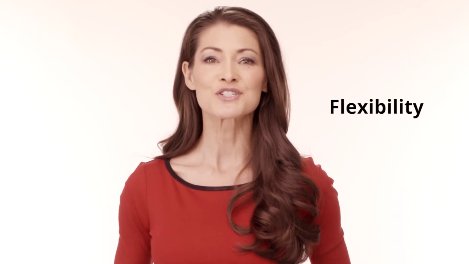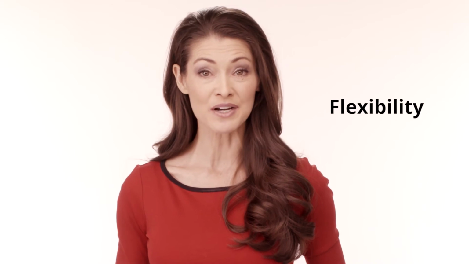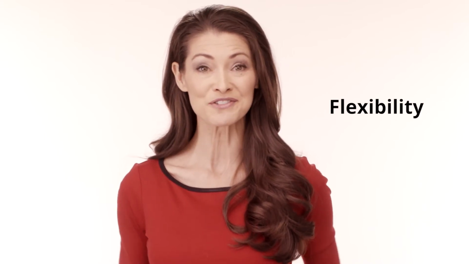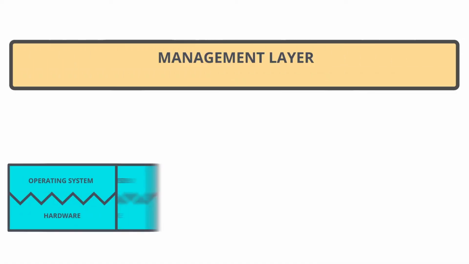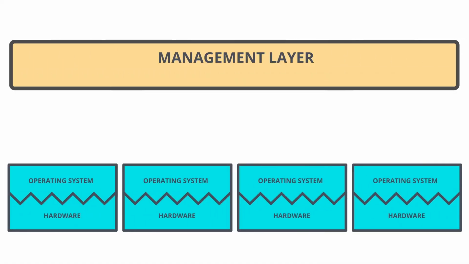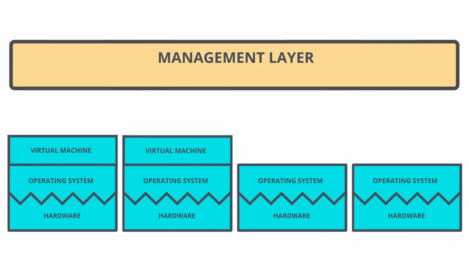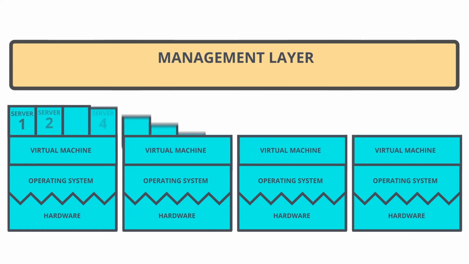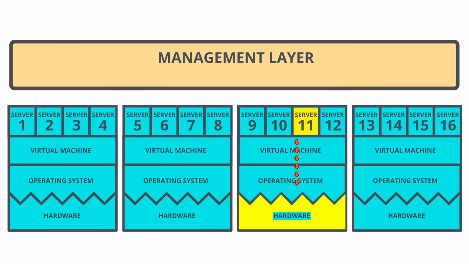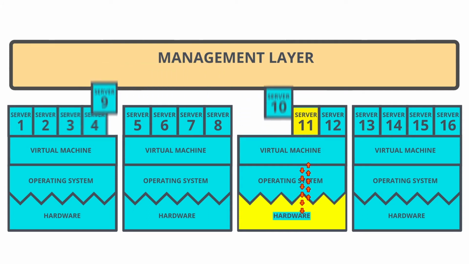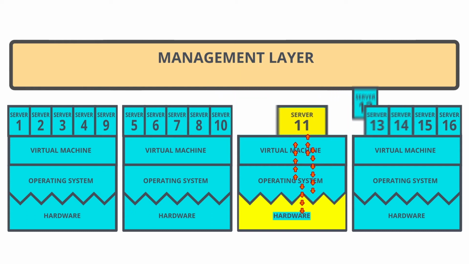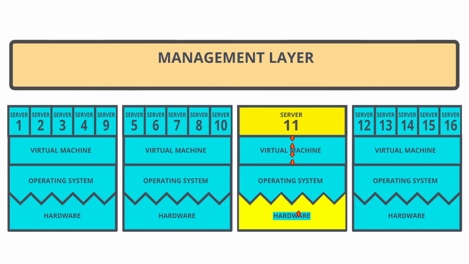Because the virtualized servers and the virtual machines they run on are no longer tied to the physical server's hardware, they can move. For example, a company might have 4 physical servers in their network. Each of these physical servers might have 4 virtual servers. If one of the virtual servers starts to use too much of the physical server's processing power, the other virtual servers can be moved off that physical server and redistributed among the other physical servers.